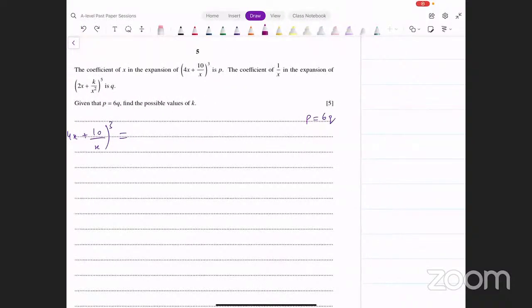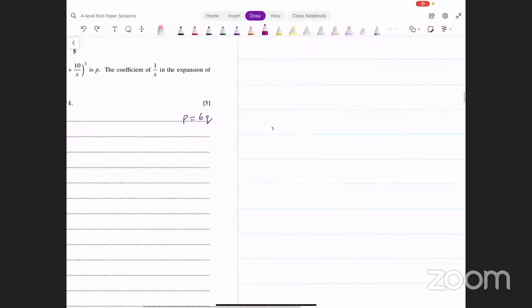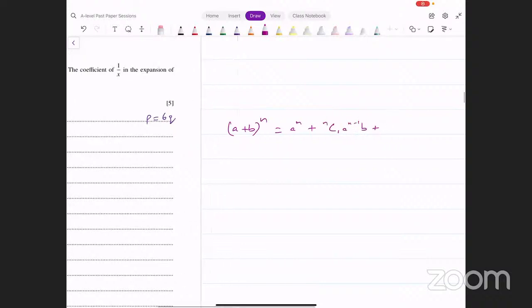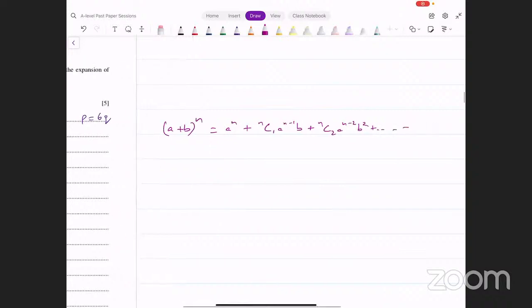So you don't have to use the term formula and make it very complicated. आप directly expansion कर दें. एक दो terms के बाद आपको मिल जाएगा जो आपको चाहिए. Expansion क्या होती है? You got the formula for that. A raised to power n plus nC1, a raised to power n minus 1 b plus nC2, a raised to power n minus 2 b square and so on. ये आपके पास formula होता है इसका. हम ये formula apply करते हैं.